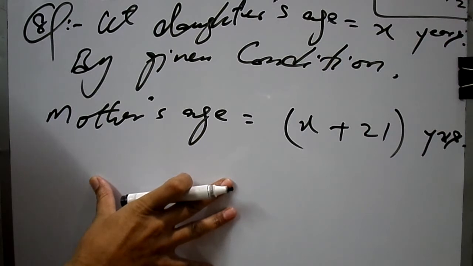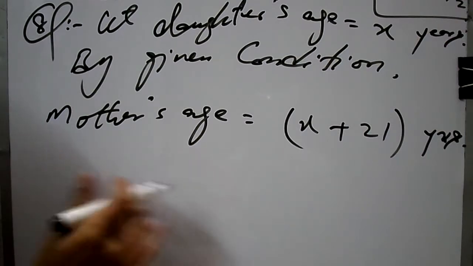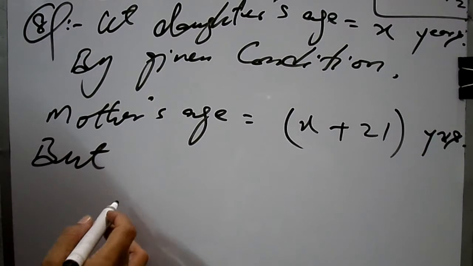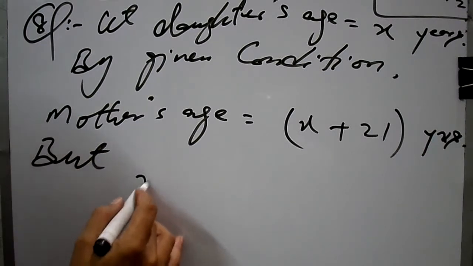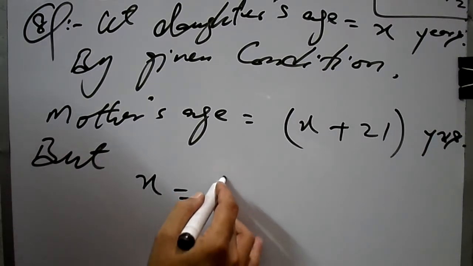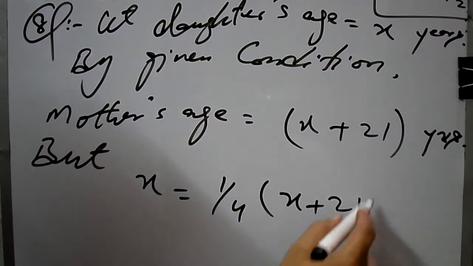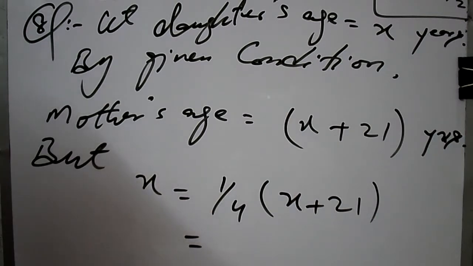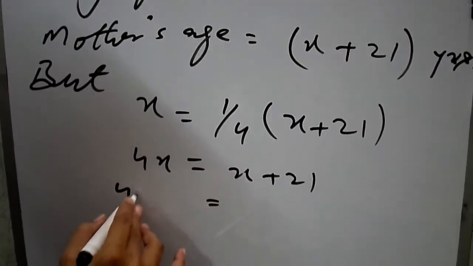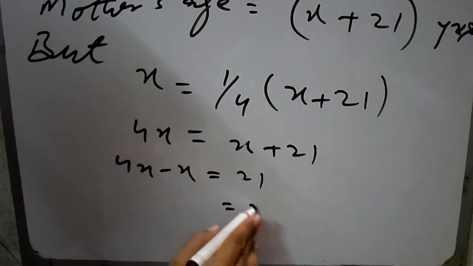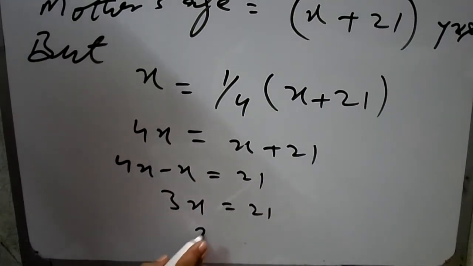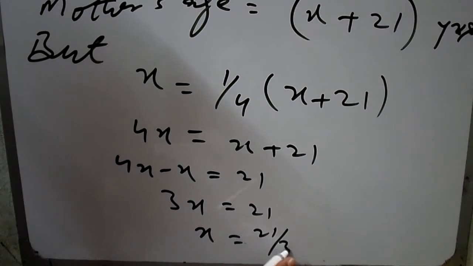But it is also given that the daughter's age is 1/4 of the mother's, so x equals 1/4 of x plus 21. Once again, you have to solve it by using cross multiplication. You will get 4x equals x plus 21, so shift it: 4x minus x equals 21, so 21 is 3x. The value of x is 21 divided by 3, so you will get 7.